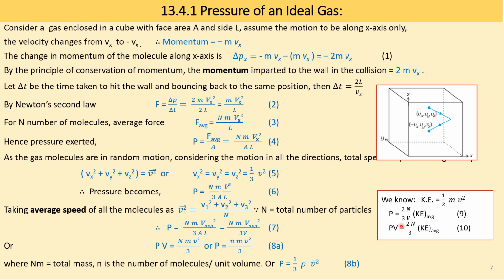Therefore, the equation 8 can be written as we can write mv square as 2 times kinetic energy. So P in equation number 8 can be written as 2n into kinetic energy divided by 3V, that is 2 by 3 into n times kinetic energy average. Or cross multiplying, we can write P into V is equal to 2n by 3 into kinetic energy average. Let it be equation 10.